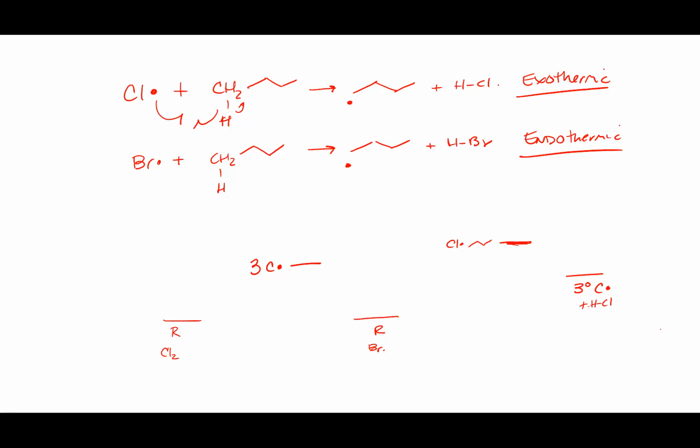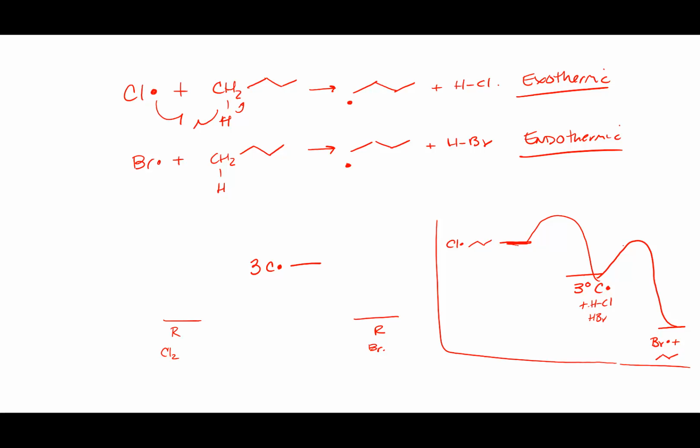And if I'm going to do it with bromine, the initial bromine dot plus the alkane is going to be lower in energy than forming the radical and HBr. So exothermic reaction, endothermic reaction to get to the same place.